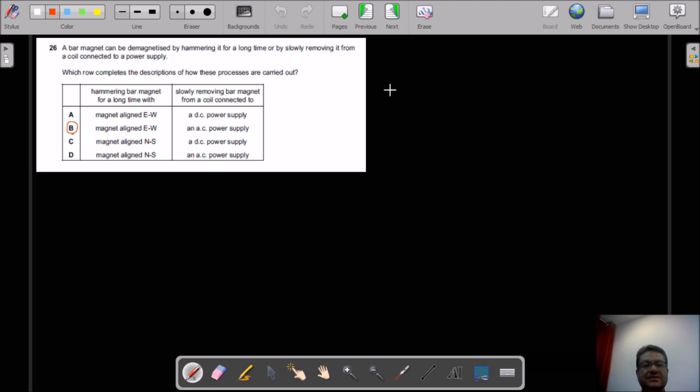That's why B is right. We know that a DC power supply creates a magnet and makes a new magnet. So DC will be wrong for A and C. You should choose between B and D. So B is right.